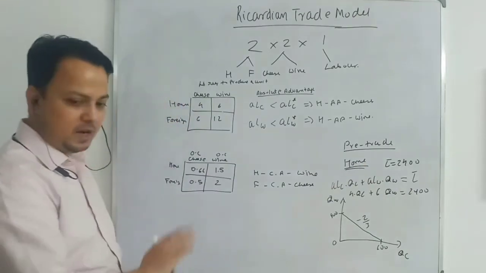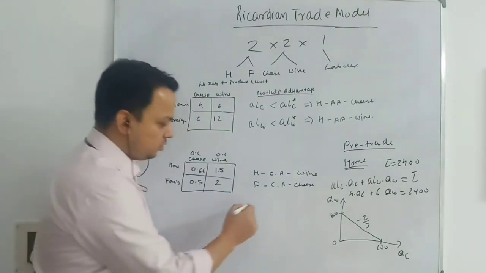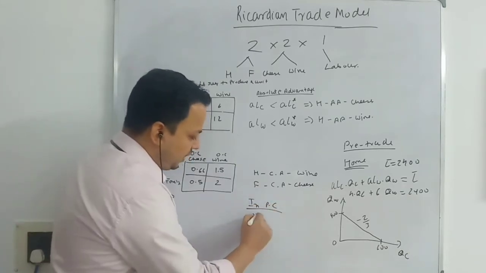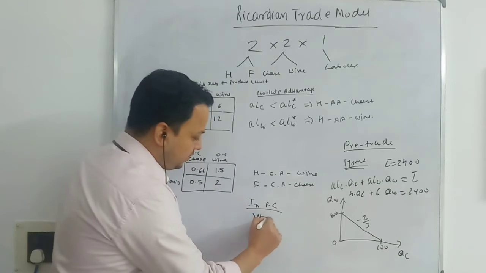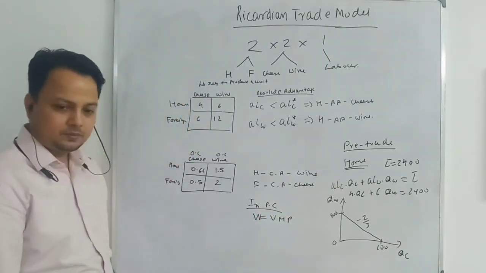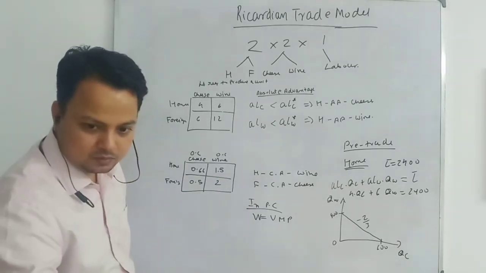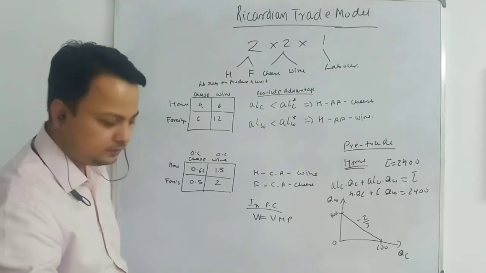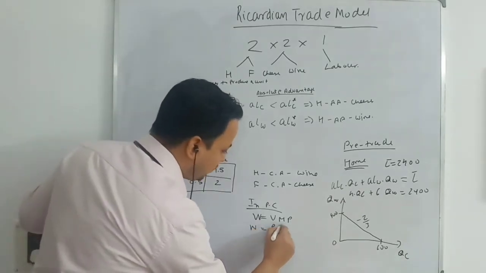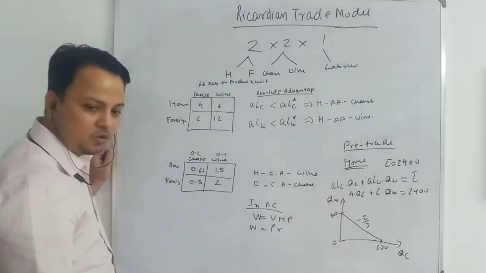How have we derived that condition? If you remember, in perfect competition, I have done the derivation part also. In perfect competition, wage is equal to value of marginal product, right? Yes or no? So wage is equal to value of marginal product, which is price into marginal product, and marginal product is the reciprocal of the amount of labor required.